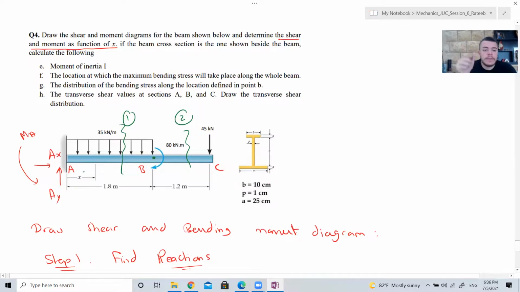This is x. From where to where? Where does it start and where does it end? In cut 1, what is the range of variation of x?